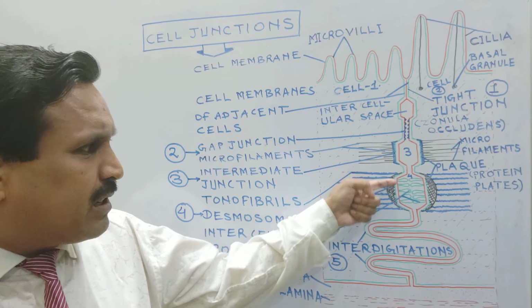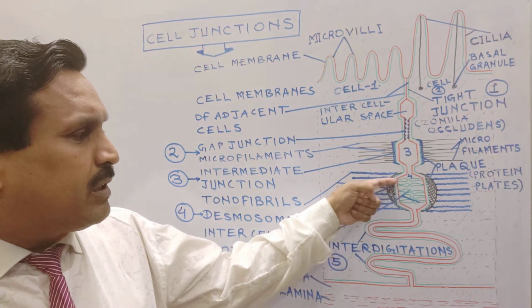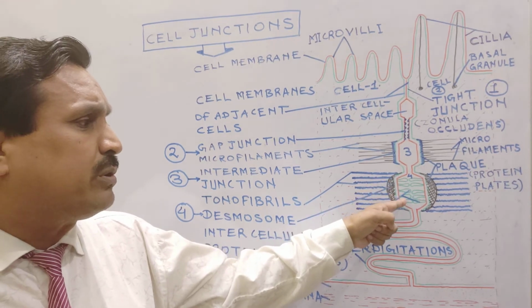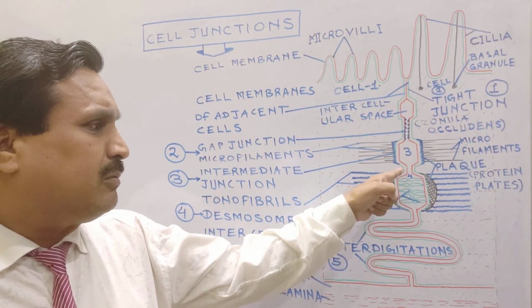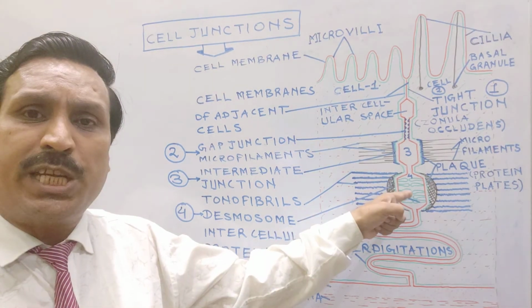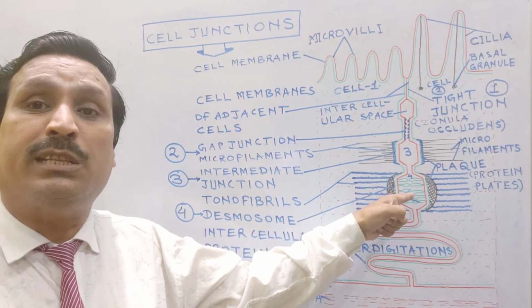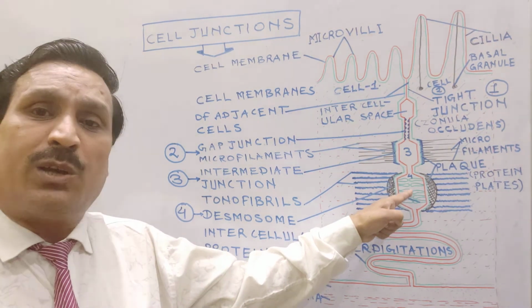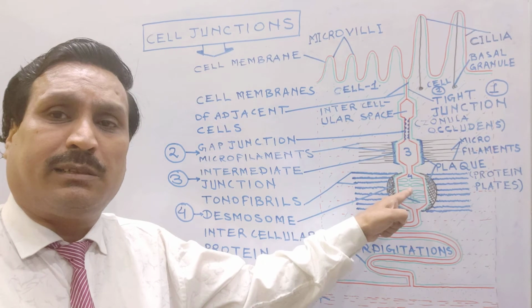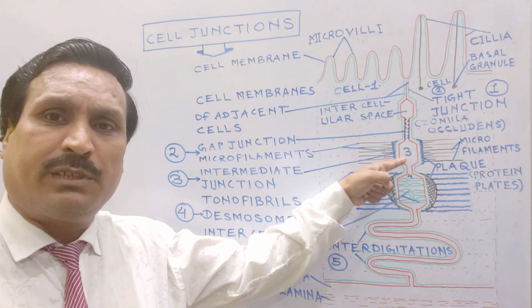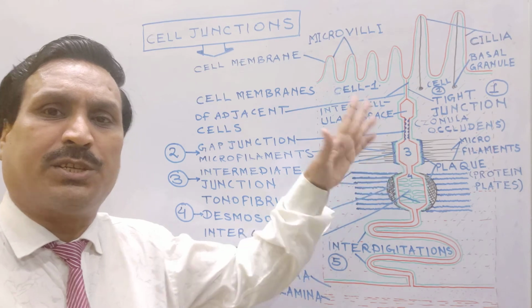These green colored balloon-like structures are shown in 2 rows. These are intercellular proteins. Intercellular proteins are present in case of desmosome, but absent in case of intermediate junction.